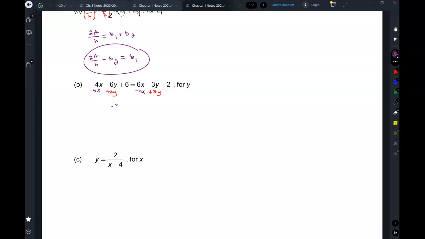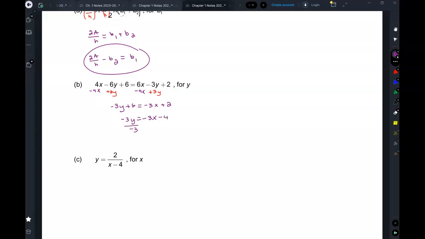We have negative 3y plus 6 is equal to negative 3x plus 2. Okay, subtracting a 6, I get negative 3y is equal to negative 3x minus 4.